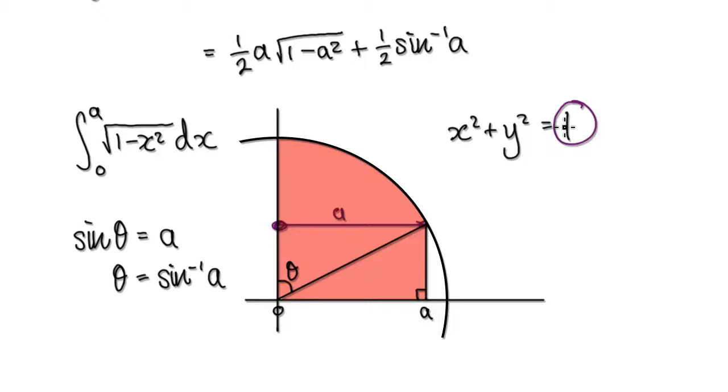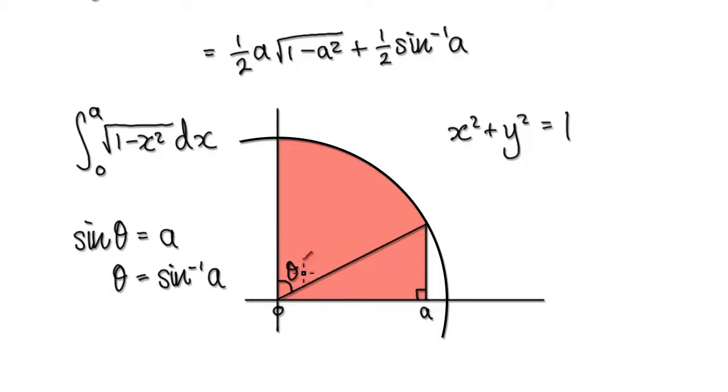Remember, the radius of a circle is 1, so the hypotenuse is 1. So now this is sine. To work out the angle, sine theta equals opposite over hypotenuse, which is just A. So theta equals inverse sine of A.